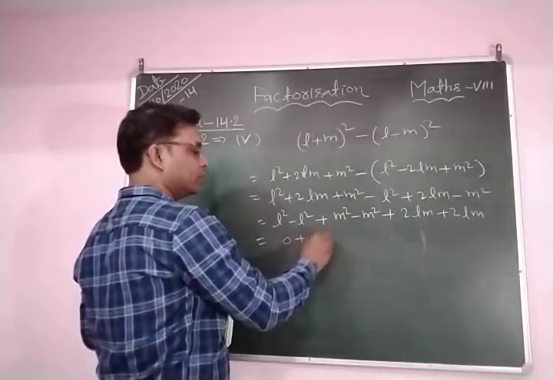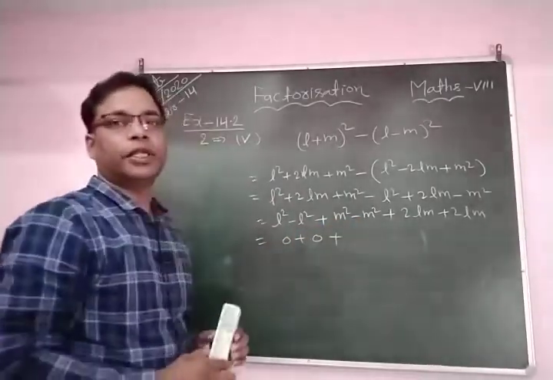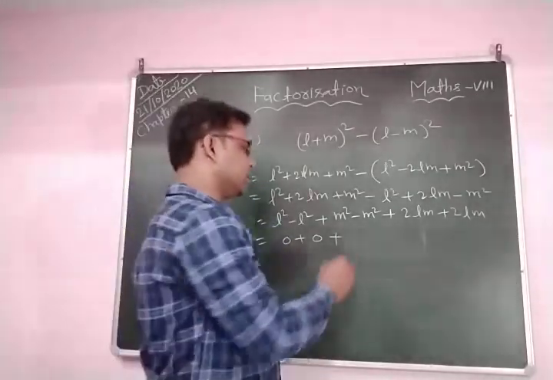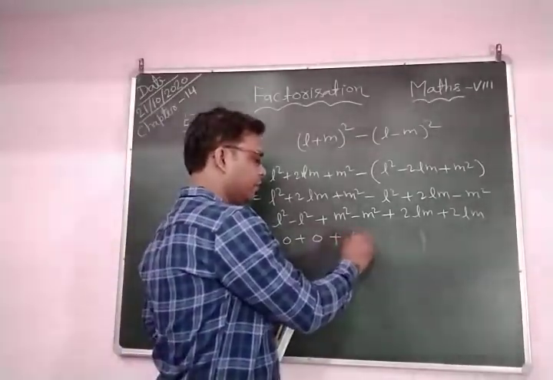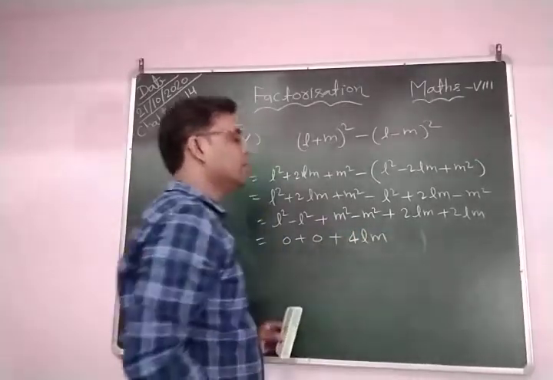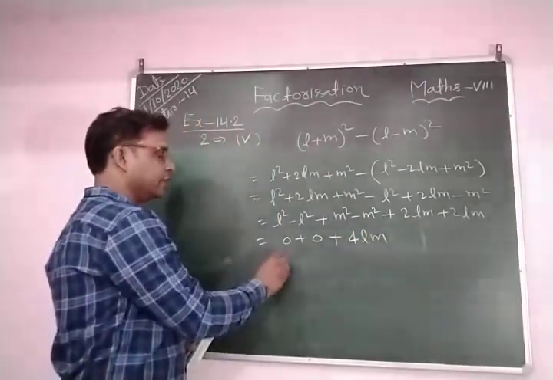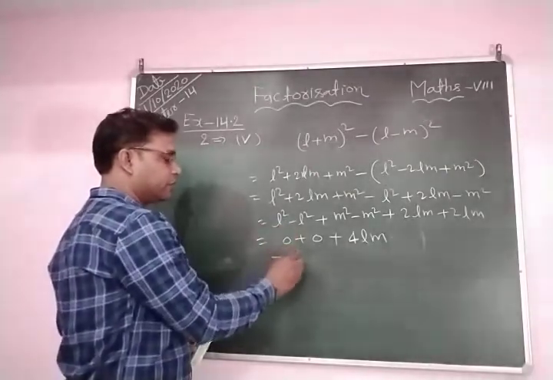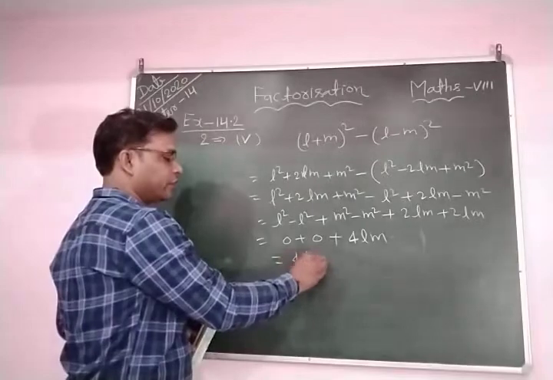Then you have 2lm plus 2lm. This is nothing but 4lm. So in this way you find the factorization of the given algebraic expression, which is equal to 4lm.